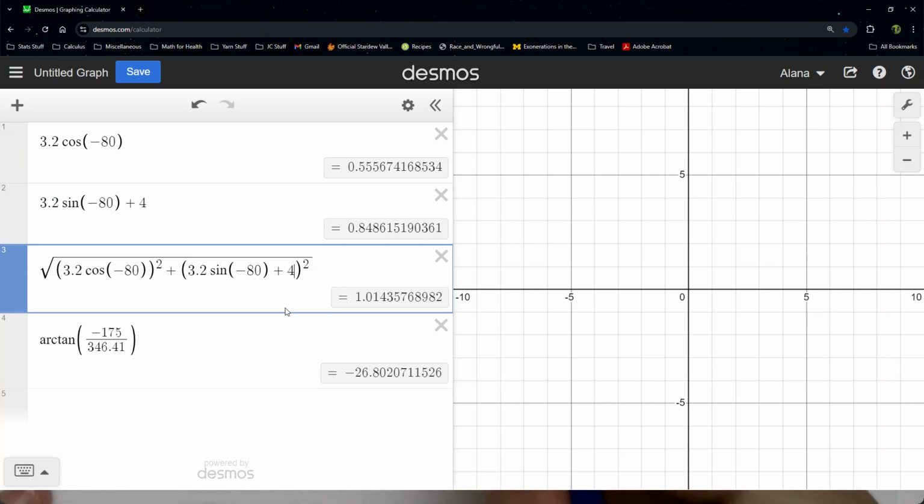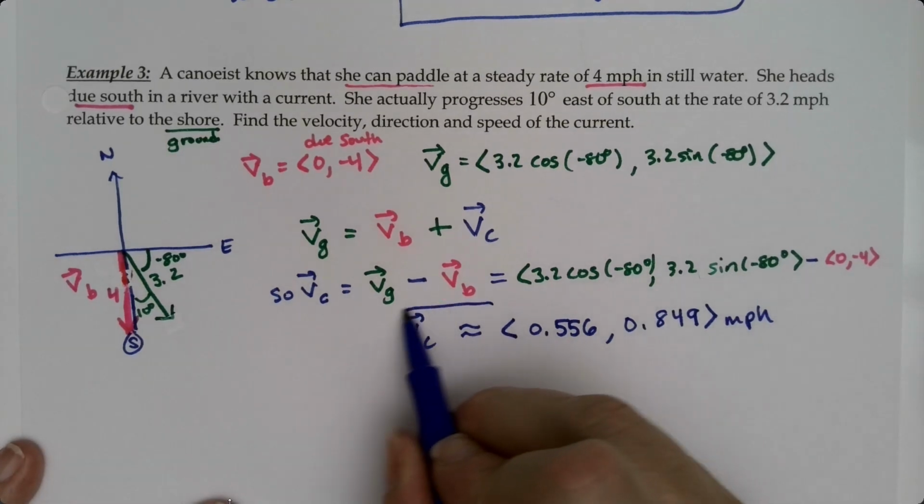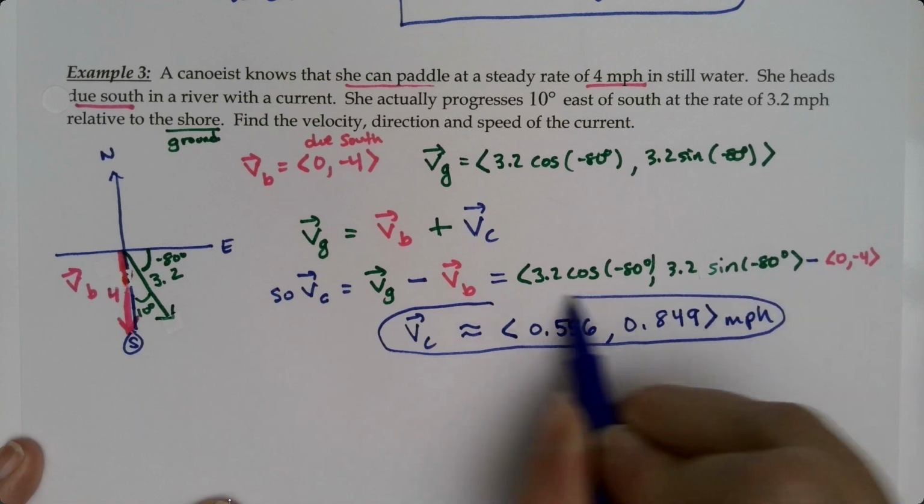Okay, so we know that the velocity with respect to the current is positive 0.556 and then positive 0.849, and that would be miles per hour for both of those components, right? Because this is velocity. So there's the velocity.